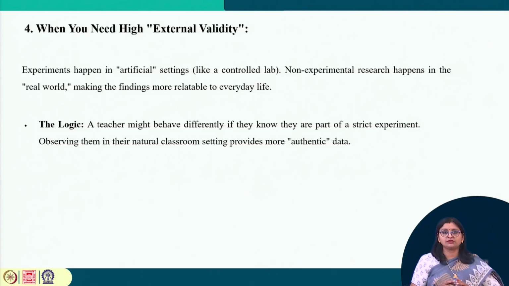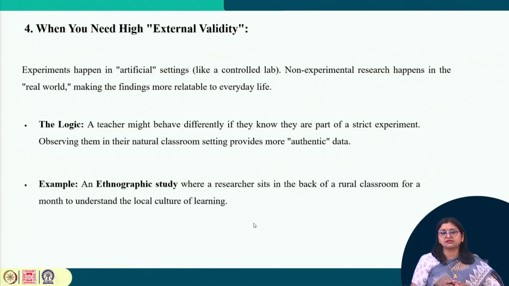Like you all know, there is the term in observation, when you know that you are being observed, that is called the Hawthorne effect, and some artificial environment is created because the teacher knows that they are being observed. So, observing them in their natural classroom setting provides more authentic data or information related to your research.